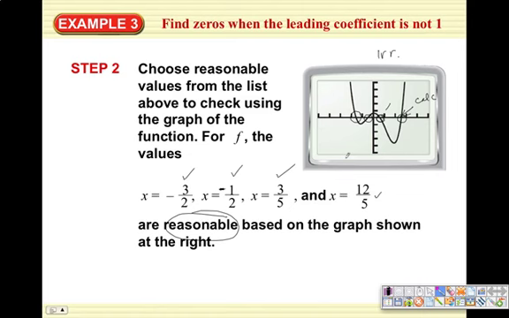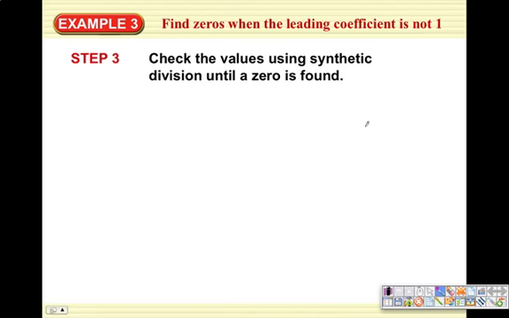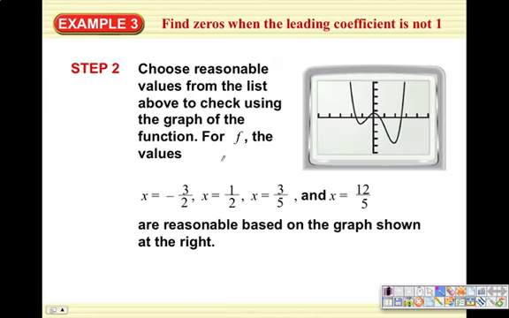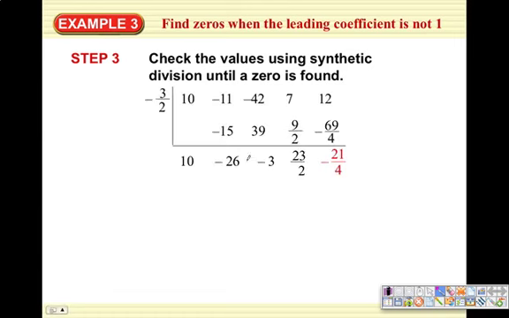But when you get a big long decimal, it's irrational, which means you can't use it. Next, what the book does is test those things. So we narrowed it down to 4 things it could be. 1, 2, 3, 4. So we test each of those. They test negative 3/2, and look what happens.